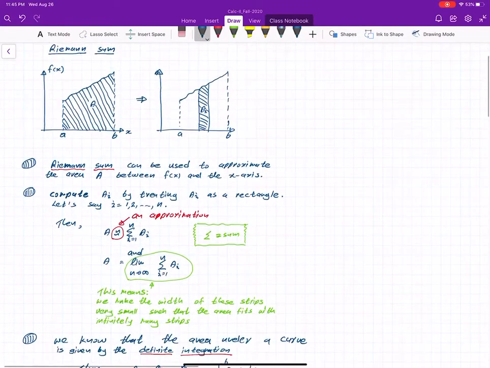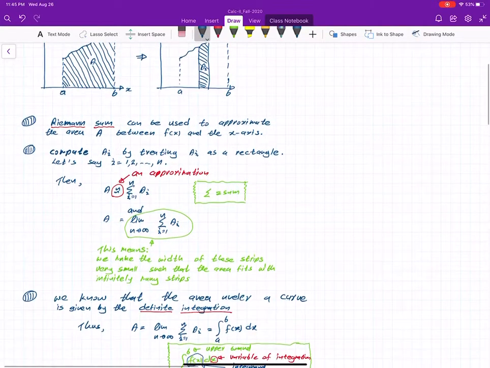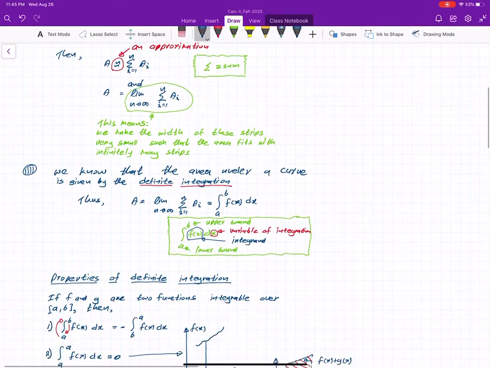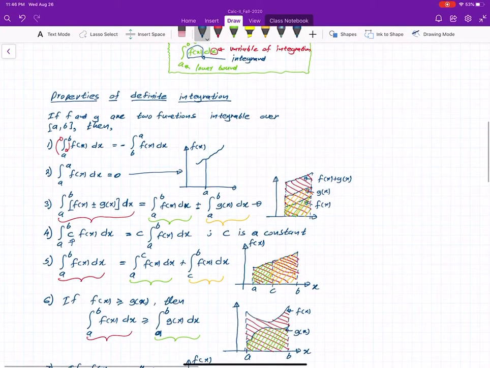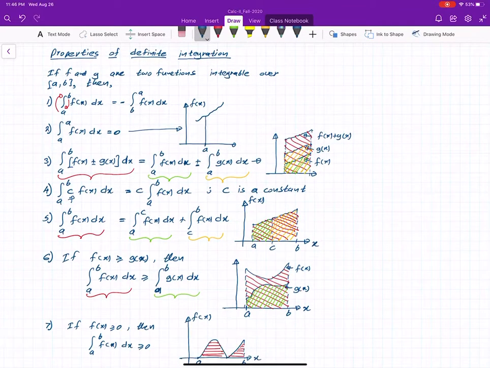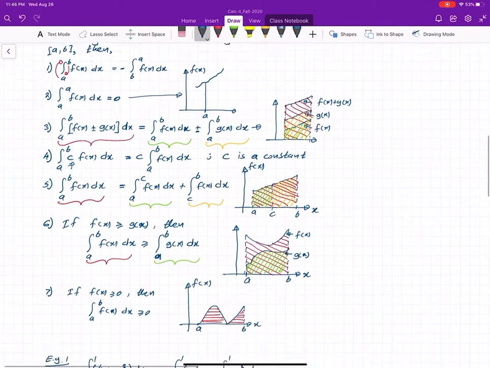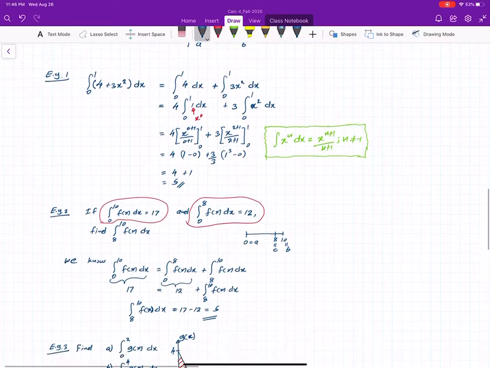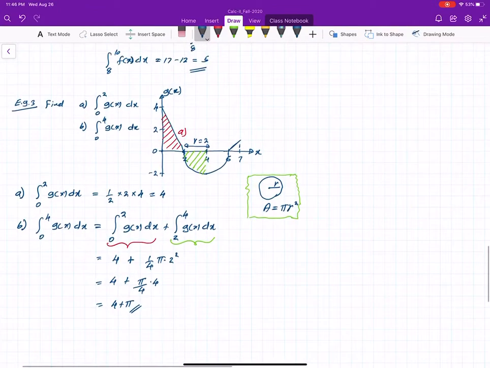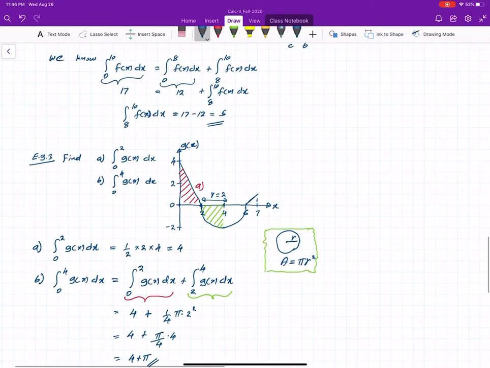That area equals the definite integration of the function, which is given inside this green box. And then I explained 7 properties which are very important, and you have to keep in mind that these are not all. There are some more properties. And then I explained three diverse examples. So that is the end of definite integration. Thank you very much.